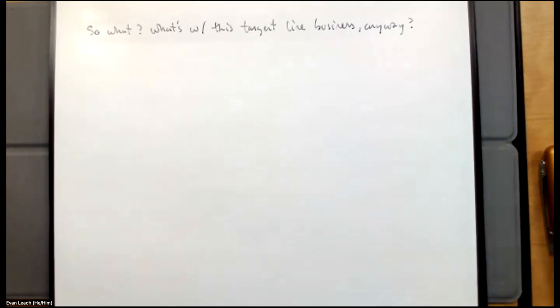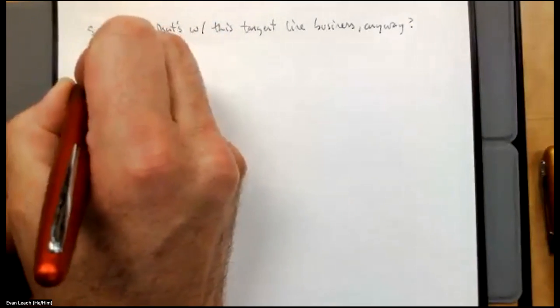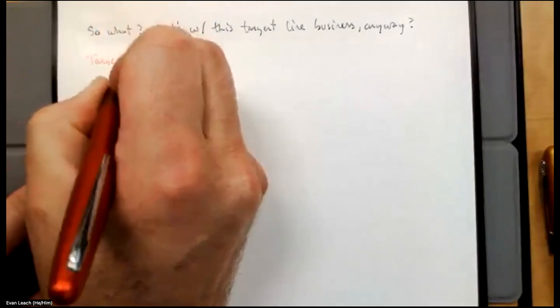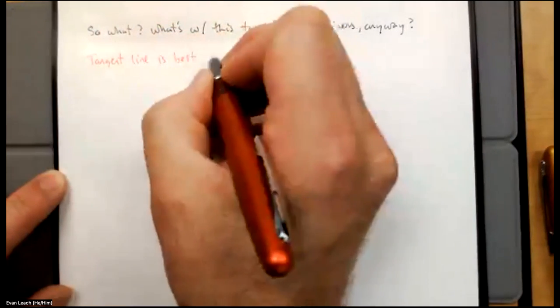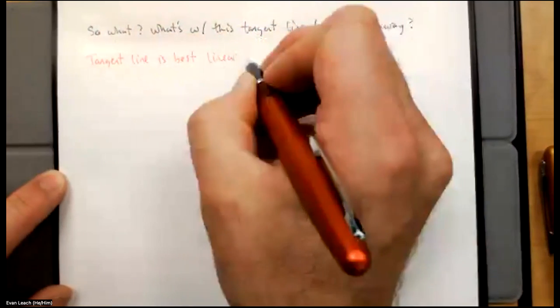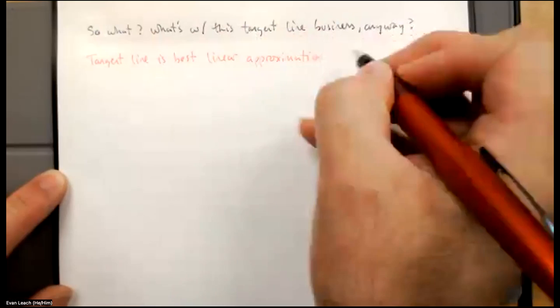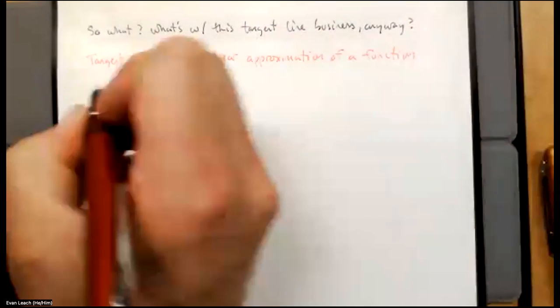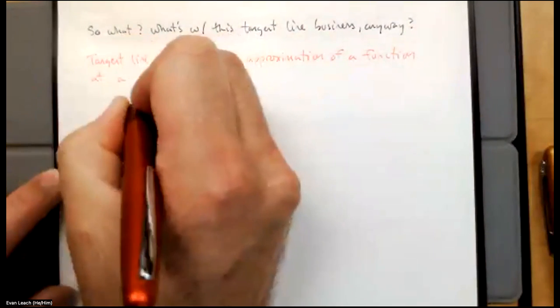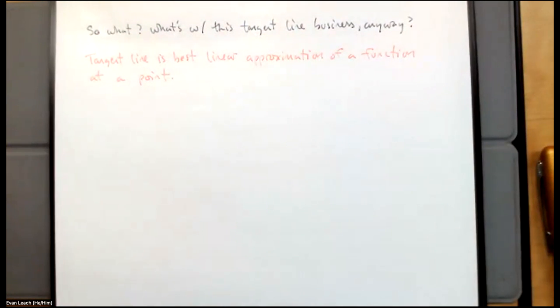The tangent line is the best linear approximation of a function at a point.